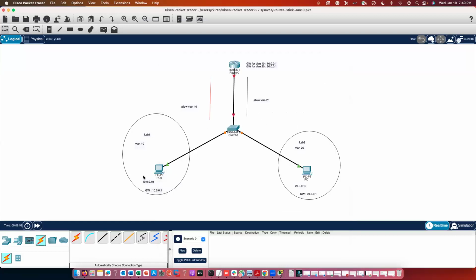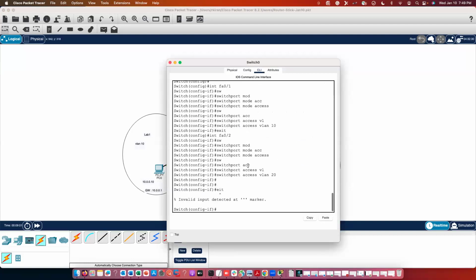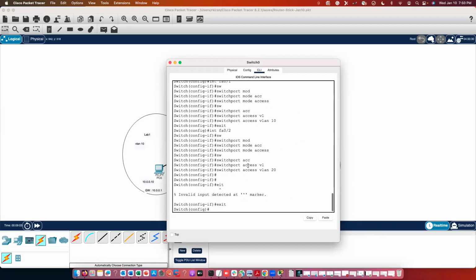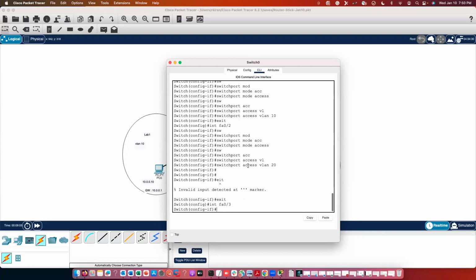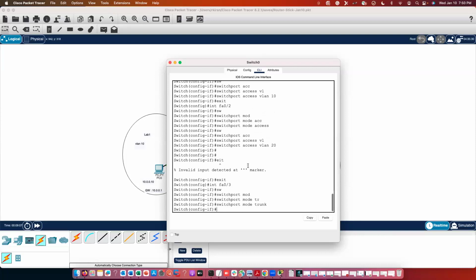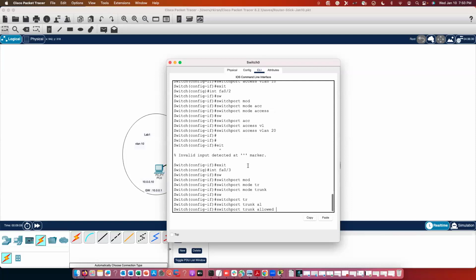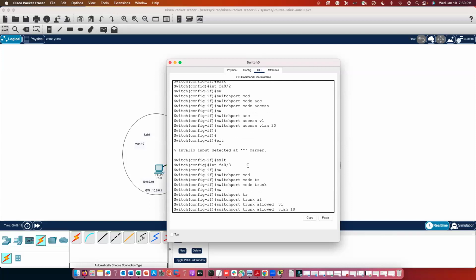So we are done with this part and this part. Now we have to create this trunk port and allow both VLAN 10 and 20. Interface Fa0/3, switchport mode trunk, switchport trunk allowed vlan 10,20.